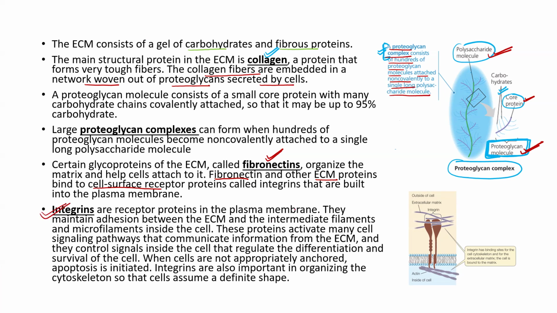This integrin is named integrin because it is able to span both sides. It faces the cytosol side as well as the extracellular matrix. So they maintain attachment between the extracellular matrix and the intermediate filament inside the cell. They can activate many cell signaling pathways.